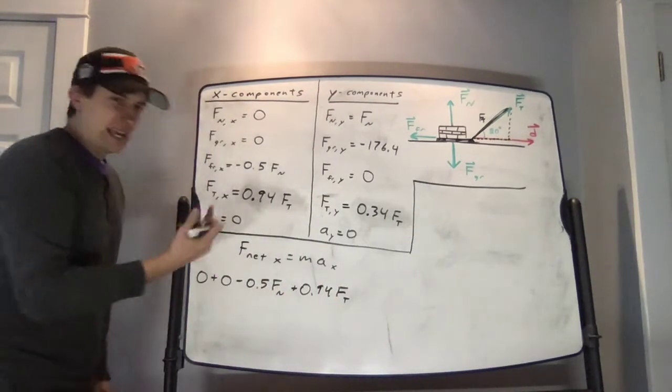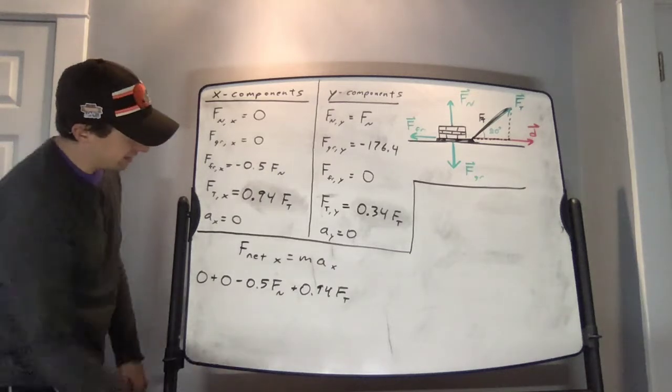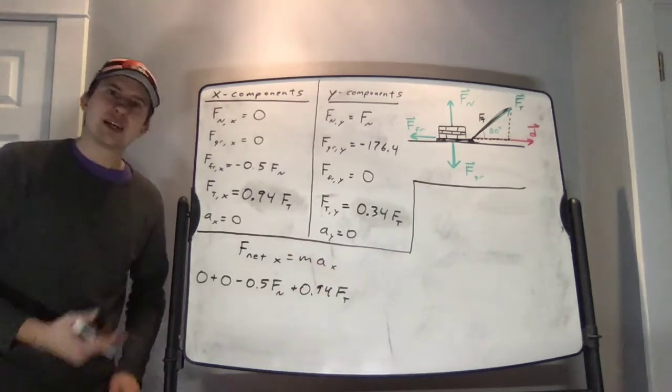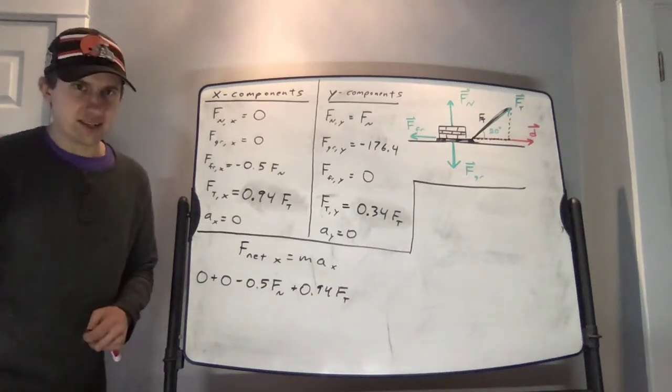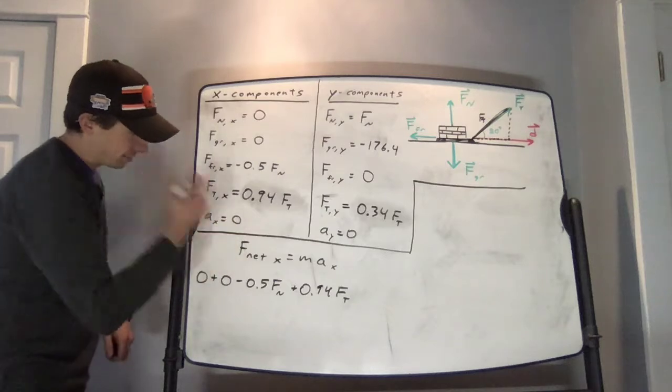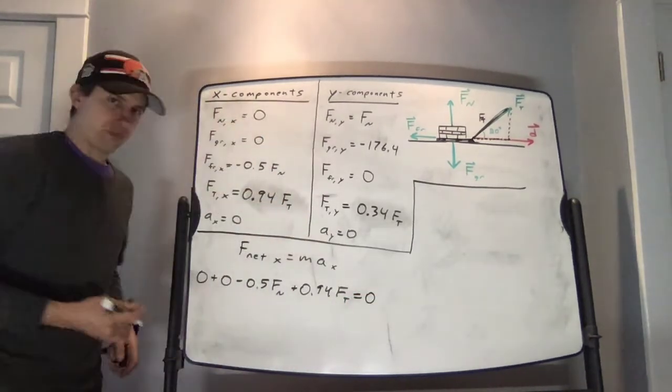I added up all the horizontal components of all the forces equals max. Even though the mass of the sled is 18, it doesn't matter because ax is 0 anyway. So I could set this all equal to 0.